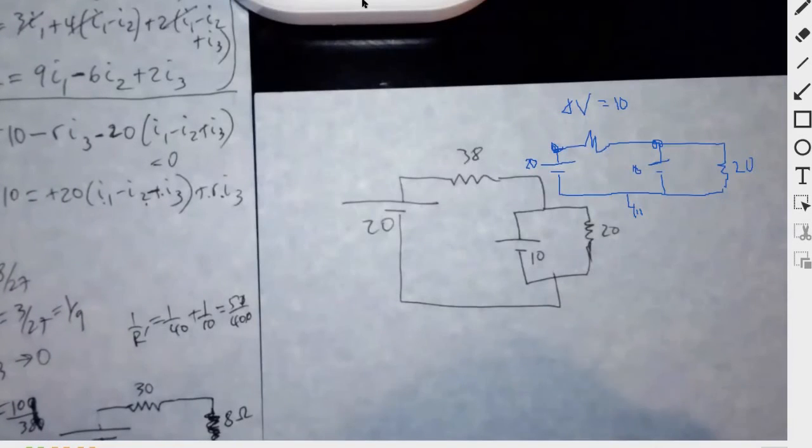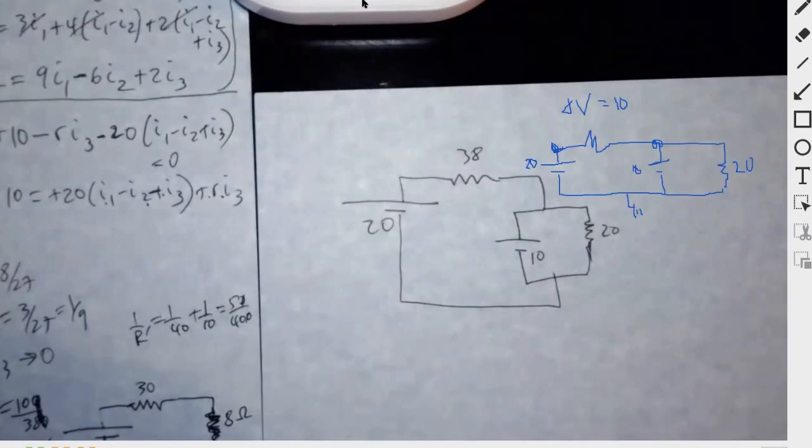Yeah, and that gives you 0.5 amps on that one. And then you can probably work your way backwards to the other one, right? Without really having to touch the Kirchhoff rules so much.